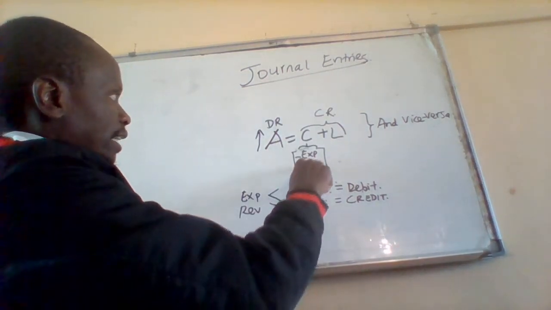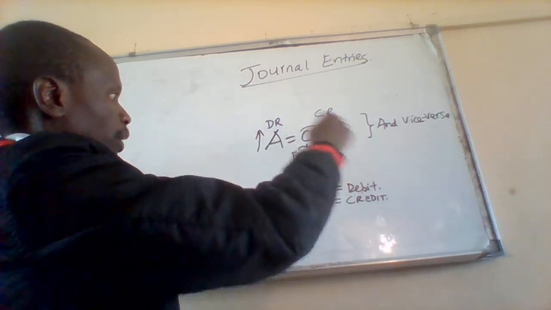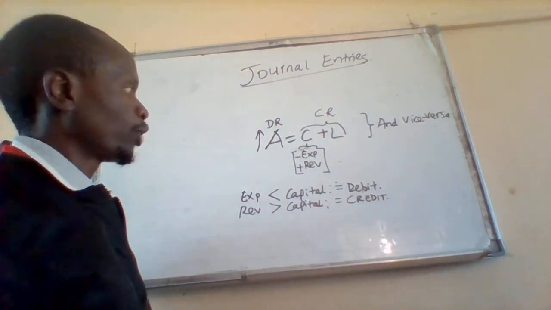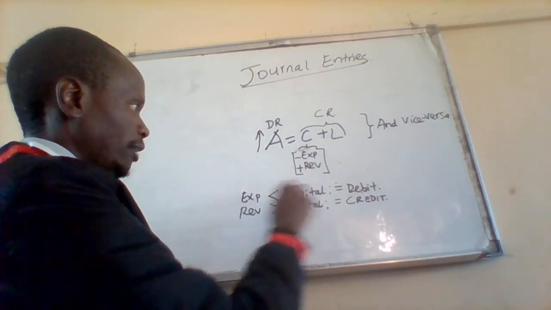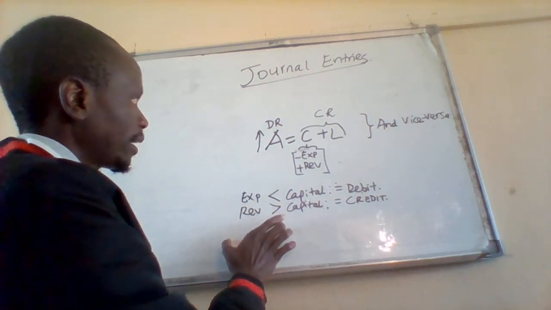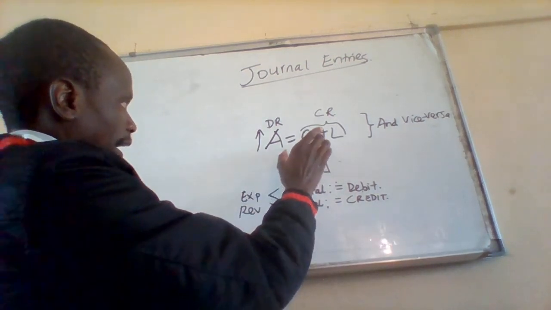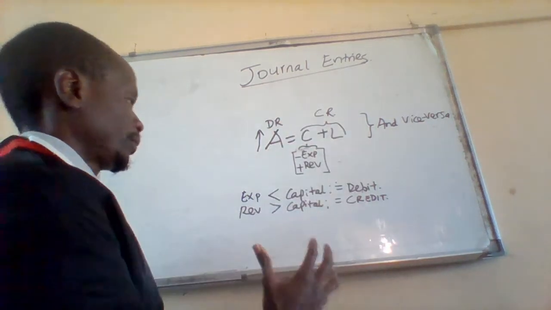Revenue increases capital, and so if capital increases, we credit. So in turn, we debit expenses and we credit revenues because of how they affect the accounting element of capital in the accounting equation.